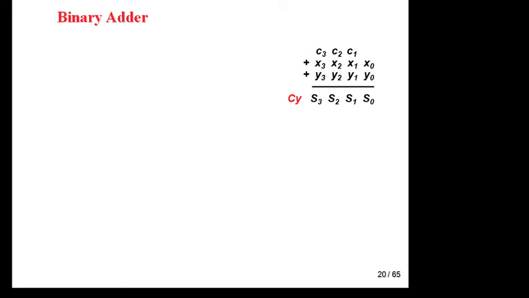Simply you can say parallel adder. In this case you can add more than 2 bits. Okay, 3 bit, 4 bit. Suppose this is your 4 bit parallel binary adder. So you have to add x0, x1, x2, x3 and y0, y1, y2 and y3.